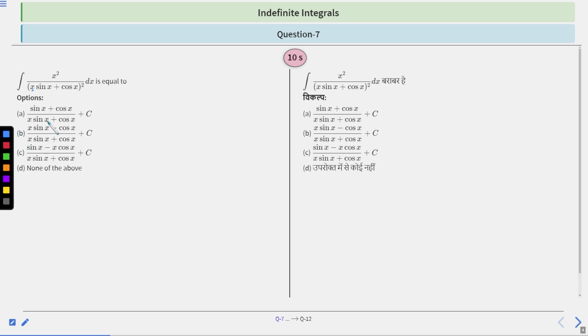So why not multiply with cos x and divide with cos x? When you do multiplication and division with cos x, you will get x cos x in the numerator, and also cos x in the denominator. So you can adjust the things like that, right?